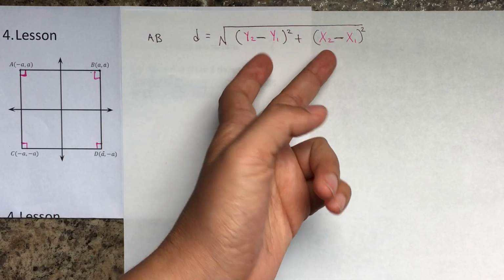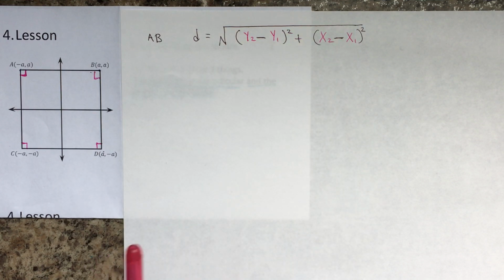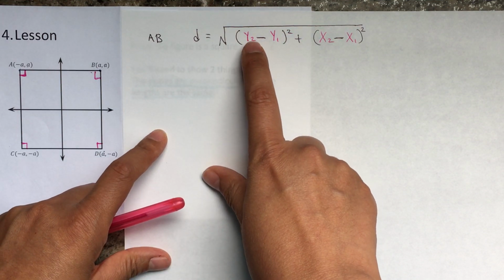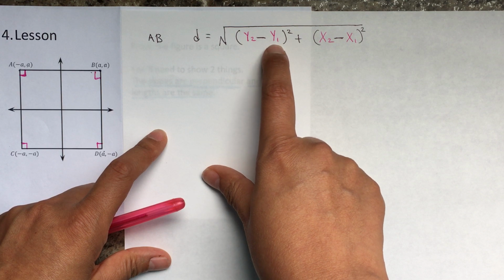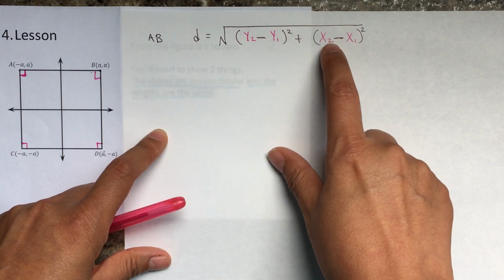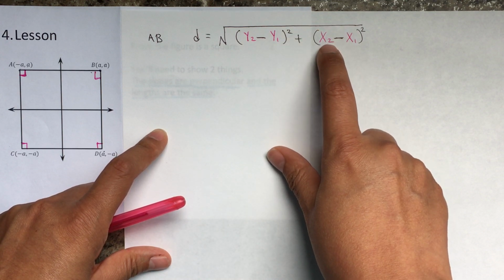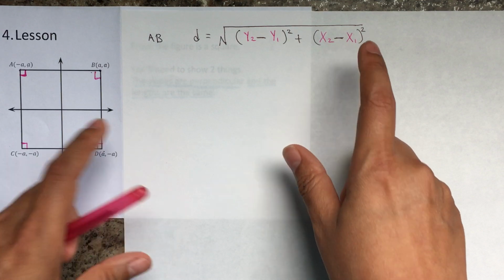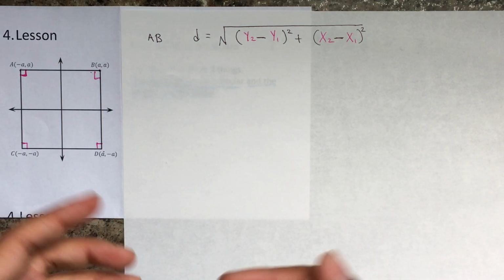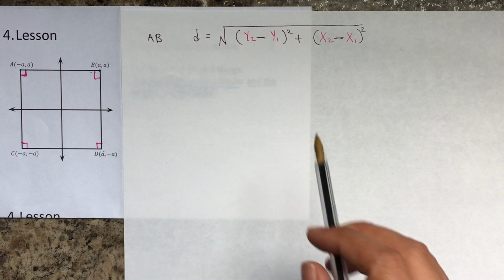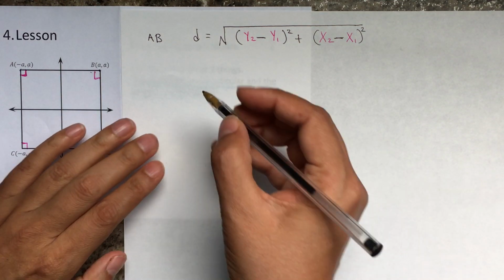If you exchange the x's and the y's, that's fine, it doesn't matter. Some people ask me also, what if I put y1 minus y2? And I said, that's fine, but you also have to change the order in here, x1 minus x2. Okay, so if not, just keep it simple, use this formula, and that's it.